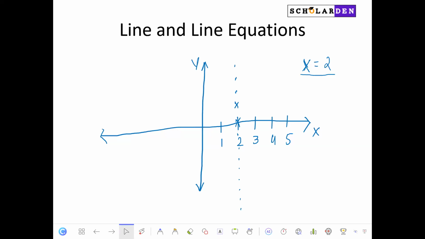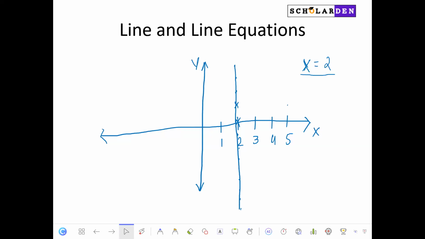So we can actually extend it and connect all of these points. And what does this become? This is a line. So in mathematical terms, a line is a locus or collection of points which follow a certain mathematical relationship.